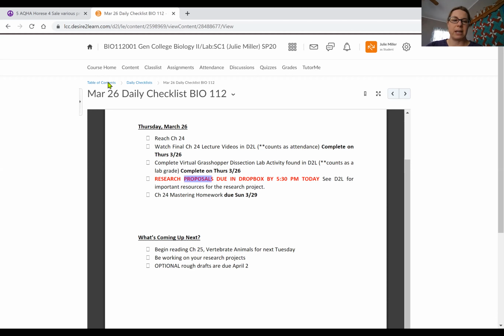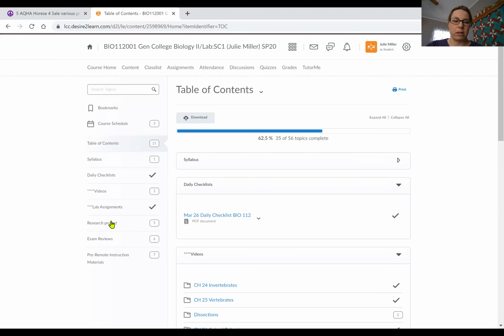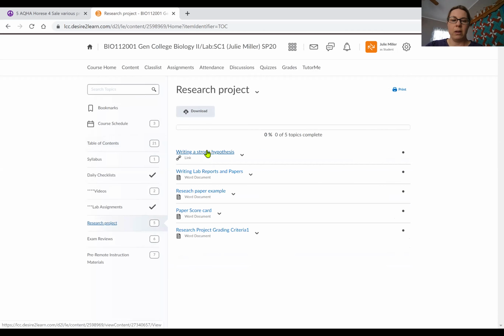If you go back to table of contents, there is a category for research projects, okay? Read through this, writing a strong hypothesis. Remember to look through the project grading criteria so you know exactly what you need to have for your proposal, okay?